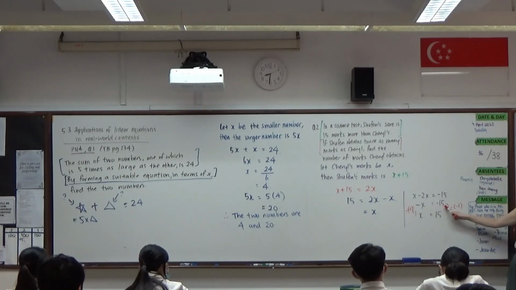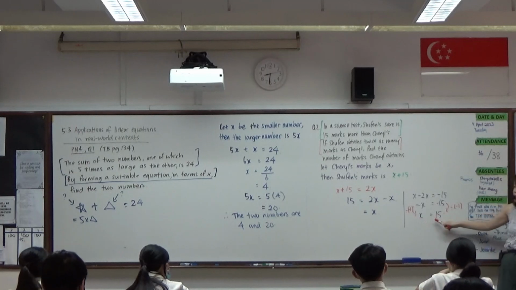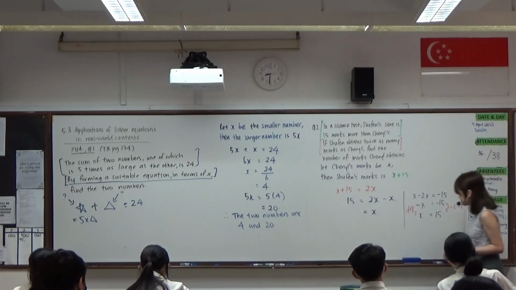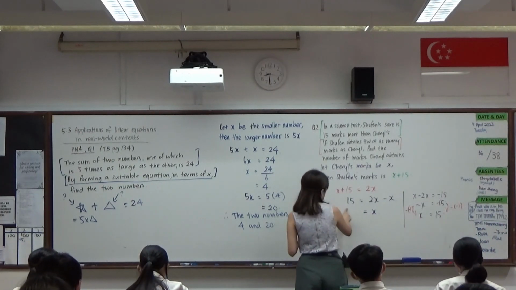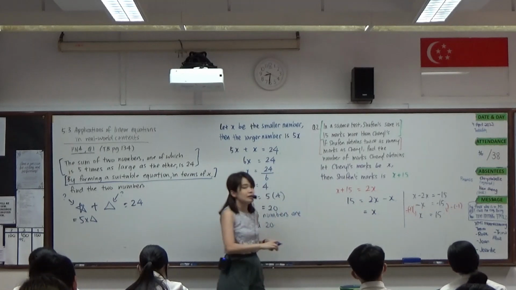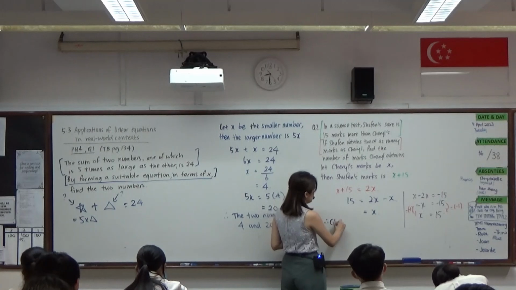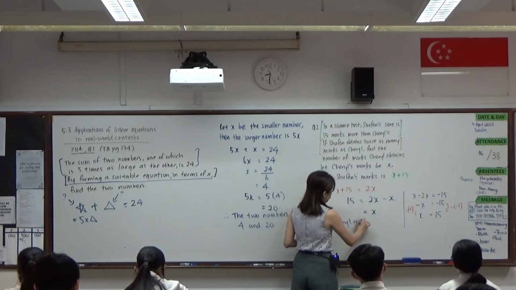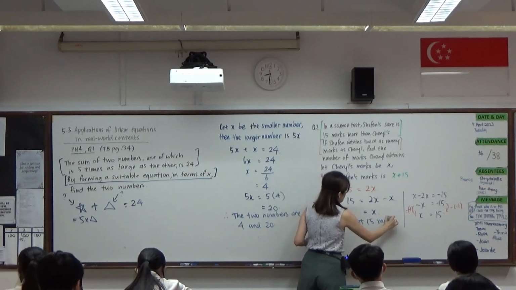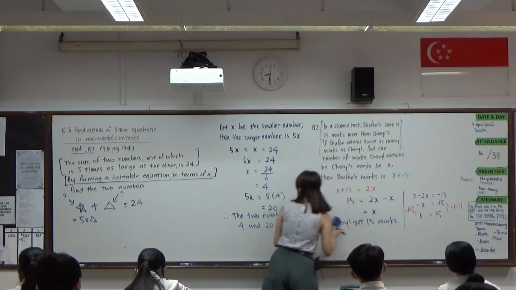So negative X equals negative 15 is the same as X equals 15, which is what we got over here as well. X is equal to 15. And X itself is Cheryl's marks, so we can conclude that Cheryl got 15 marks.